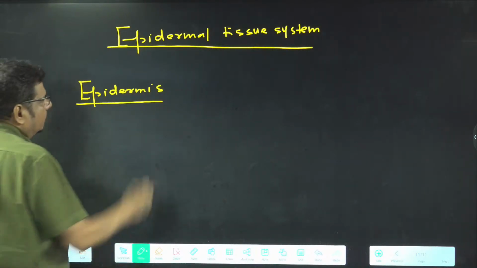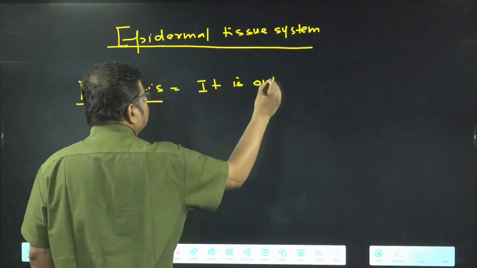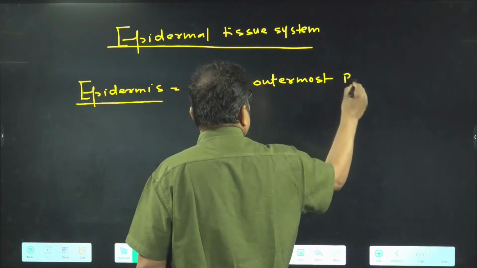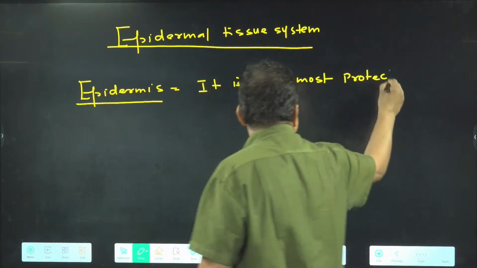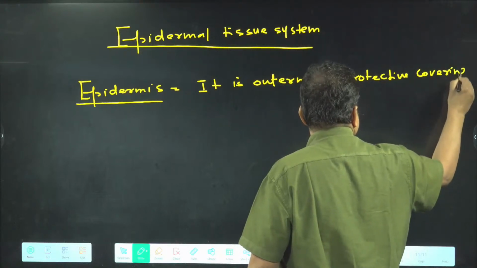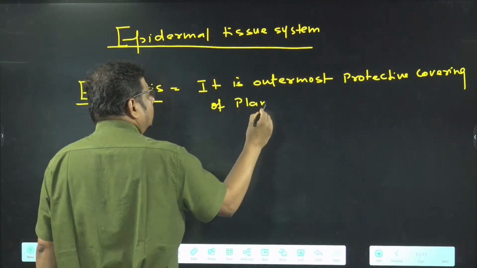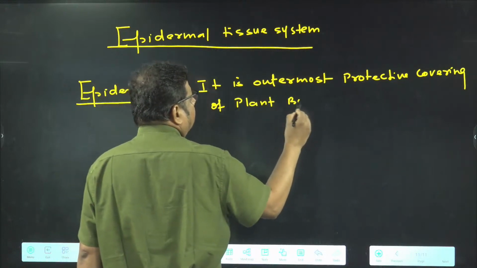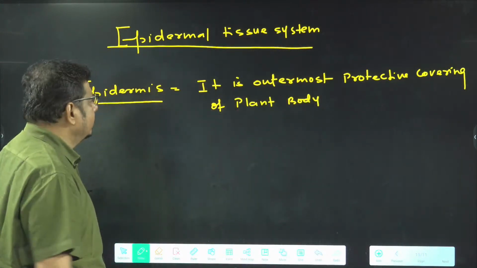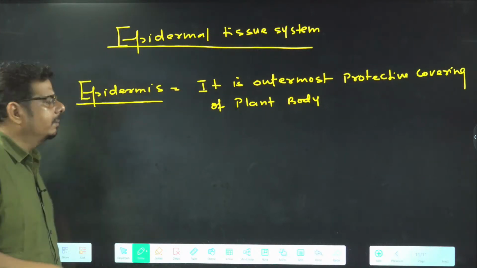So it is the outermost protective covering of the plant body. When you are touching a plant part, young plant part, you are touching which one? Epidermis. So it is outermost protective covering of the plant body.